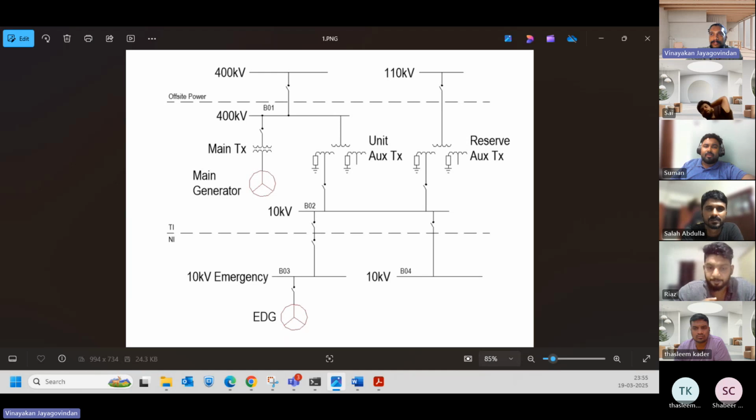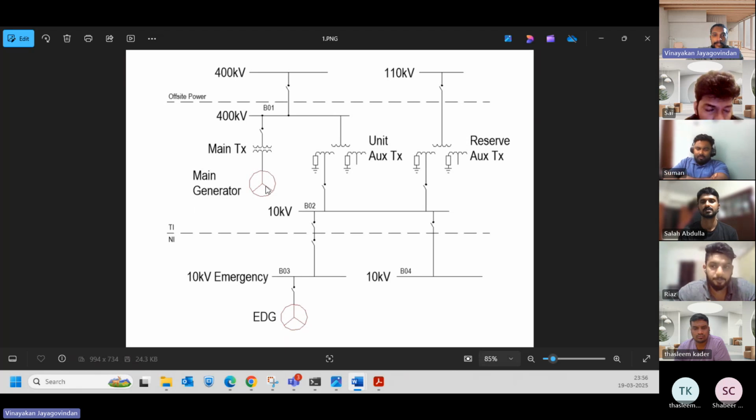This is a simplified SLD. The electrical system of a power plant is designed to provide reliable power sources which are physically and electrically isolated, so that any single failure in one supply will not affect the alternative one.